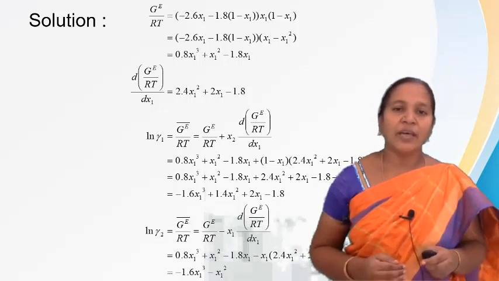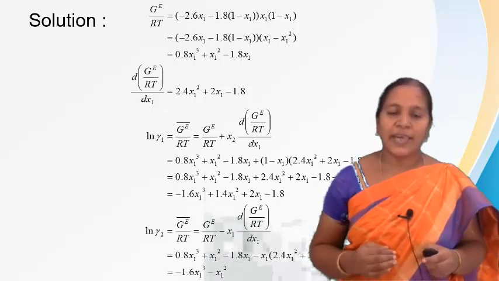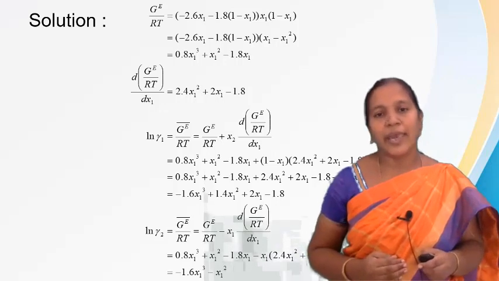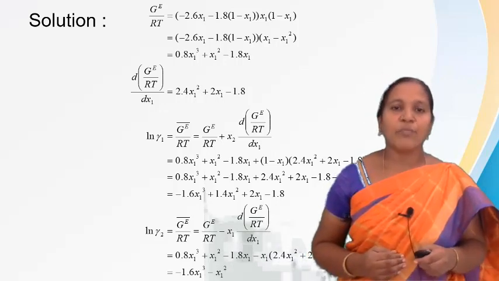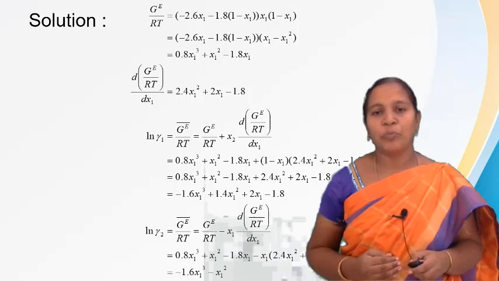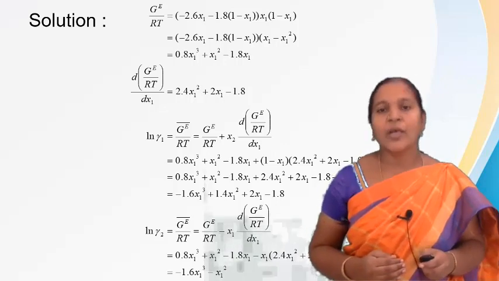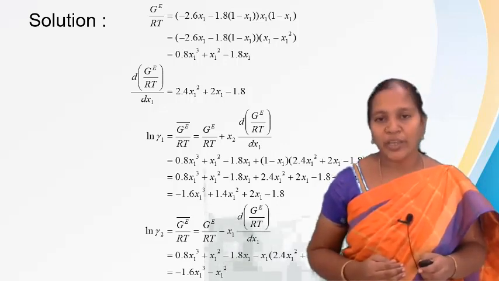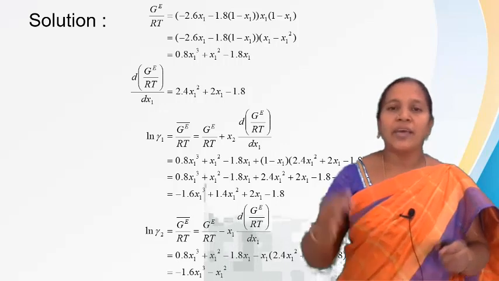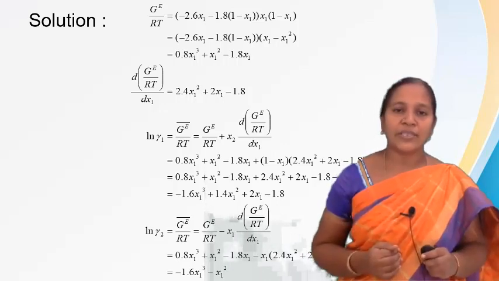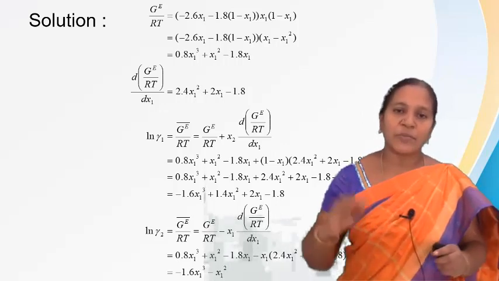Then simplify the expression. We will get the expression in terms of x1. That is equal to minus 1.6 x1 cubed plus 1.4 x1 squared plus 2 x1 minus 1.8. Then calculate ln gamma 2. That is equal to the partial property of species 2.